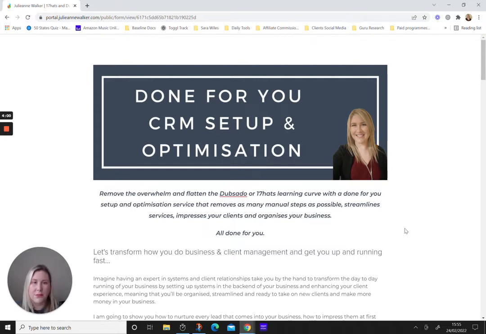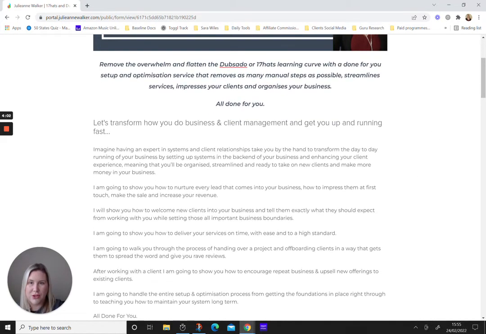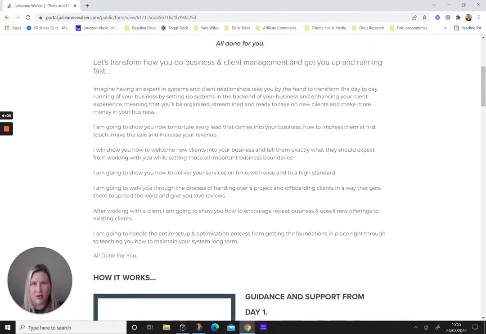The next part of the lead capture form is giving them a bit more information. So I want them to think about where they are now and where they want to be. So this section helps me do that. I want them to see that working with me is going to take away a whole bunch of hassle for them and how I'm going to make the entire thing easy for them.